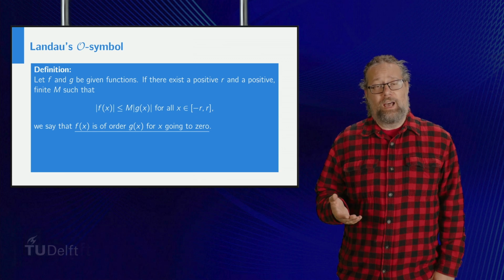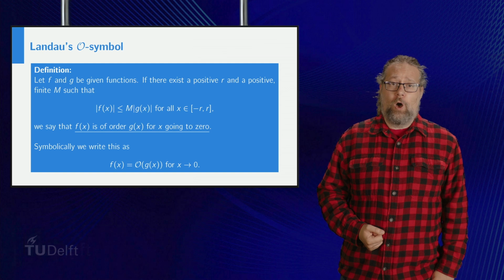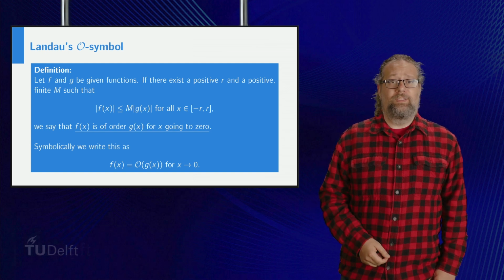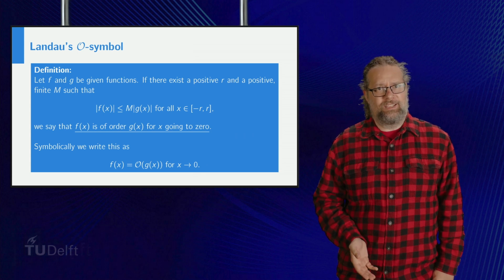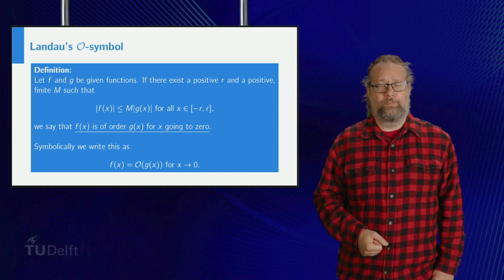We write, as you see, that f is equal to big O of g for x approaching zero. Be aware that this equal sign is not an equal sign in the sense of an identity, but it is in the sense of having the same order.